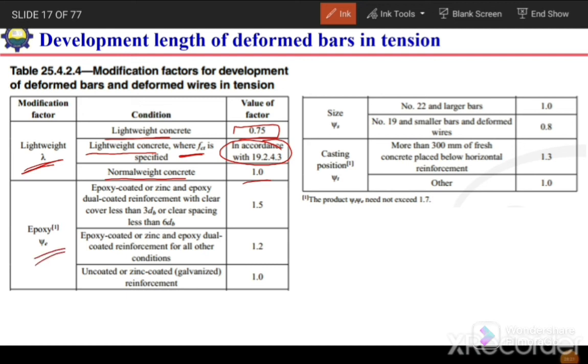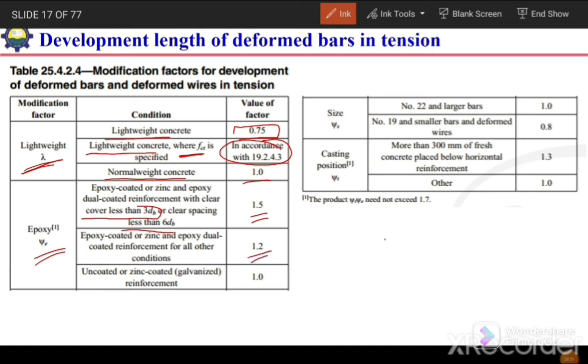Similarly, the next factor is psi e, which is for the epoxy. For epoxy coated or zinc coated bars, if the clear cover is less than 3 times the diameter of the bar or the clear spacing is less than 6 times the diameter of the bar, then we will use this factor. But if the spacing between the bars and the clear cover are more than these values, then we will use 1.2.